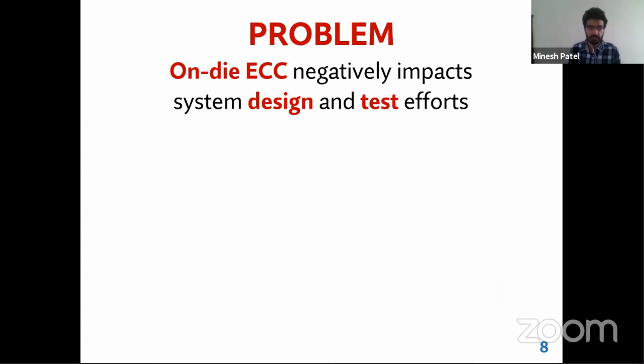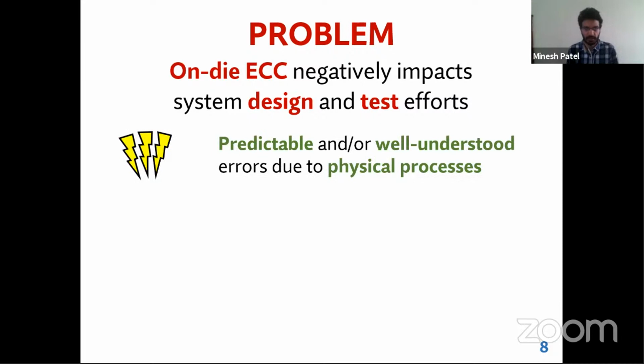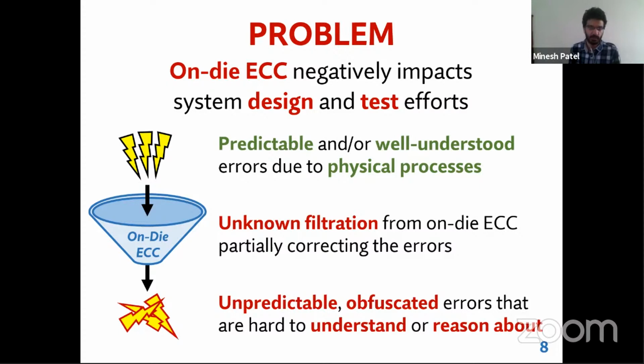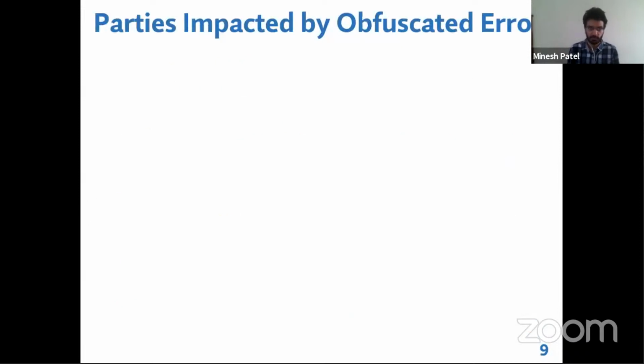On-die ECC negatively impacts system design and test efforts. This is because on-die ECC takes predictable and/or well-understood errors that result from physical processes and passes them through an unknown filtration from this partial correction, effectively resulting in unpredictable, obfuscated errors that are difficult to understand or reason about. So let's take a look at some of the parties who are impacted by this obfuscation.